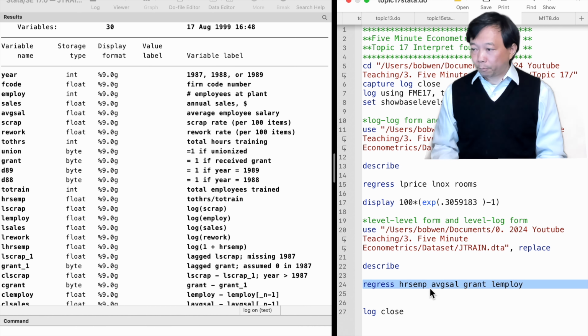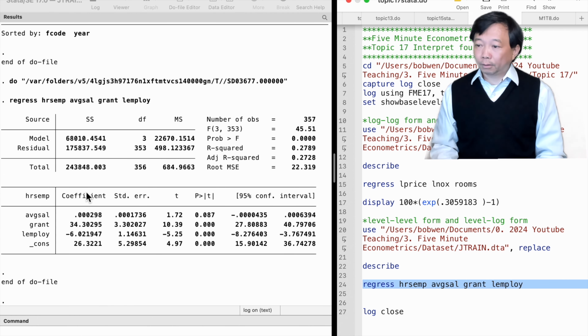It is in level form. There were 3 explanatory variables in the model. 2 of them are in level form. The first is the annual average employee salary. The second is a dummy variable equal to 1 if the firm received a job training grant.